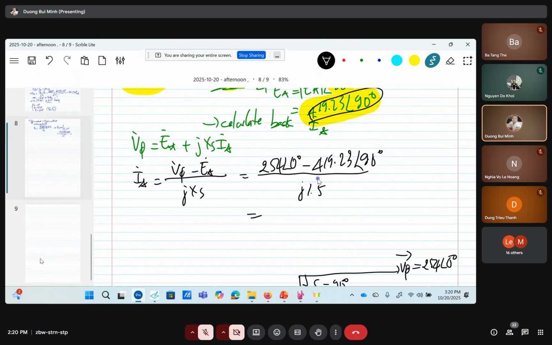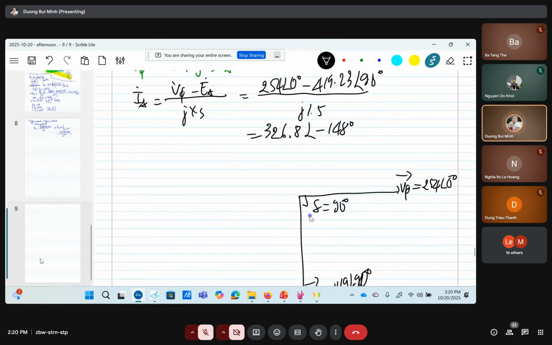We can get 326.7 with minus 148 degrees. So IA is somewhere here, because this one is minus 148 degrees.